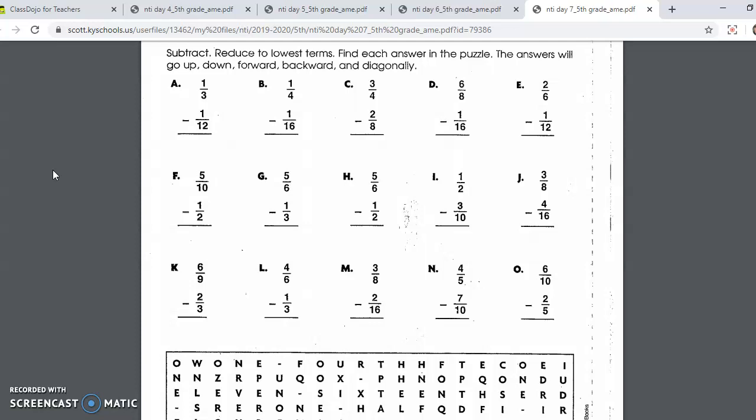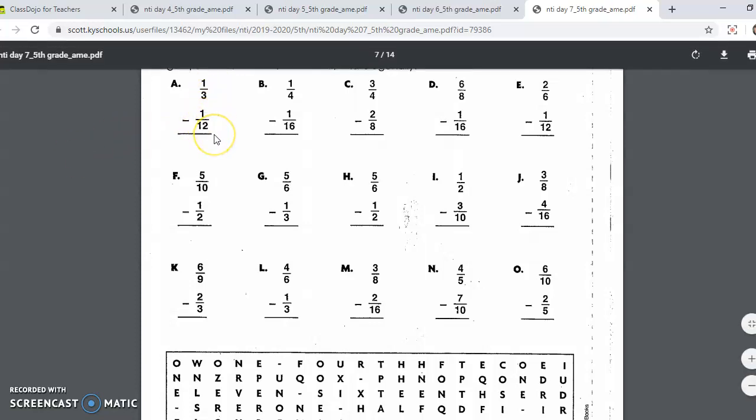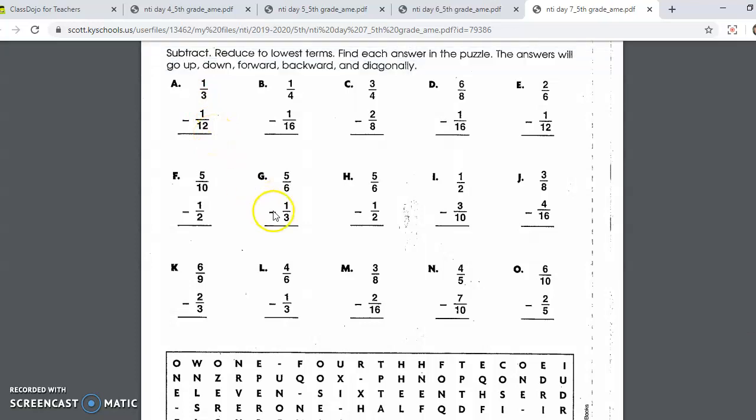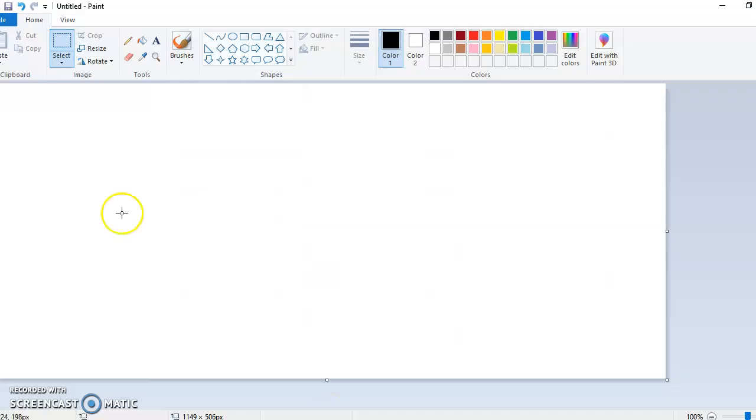I know subtracting fractions with unlike denominators is a little bit tricky. So let's do one of our problems where the fractions only have a 1 in the numerator first, and then I'll do 2 with you where that's not the case. So our first problem will be 1/3 minus 1/12.